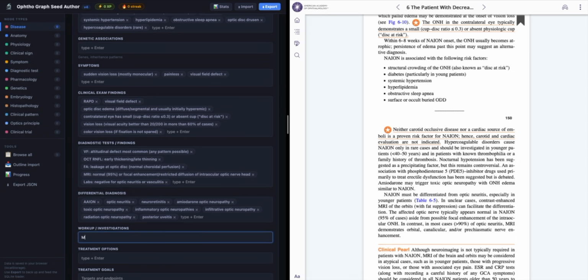So workup, investigations must rule out vasculitis or optic neuritis. So that's the general principle. And then we'll talk about ordering SED rate, CRP, CBC, and then MRI, brain orbit with and without contrast with fat suppression.